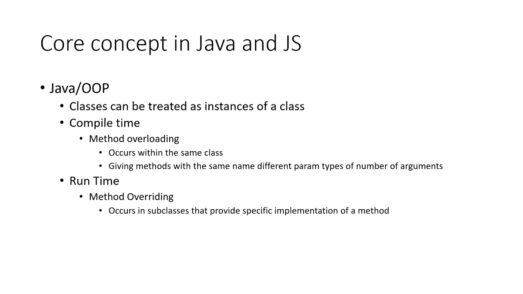At compile time, you would use method overloading. At runtime, it's method overriding, and they're two different things. Method overloading is where you have methods within the same class with the same name, but with different parameters or numbers of arguments. We're going to see an example of this on the next slide.